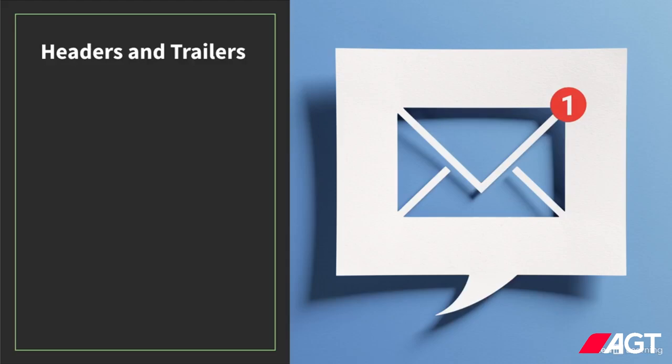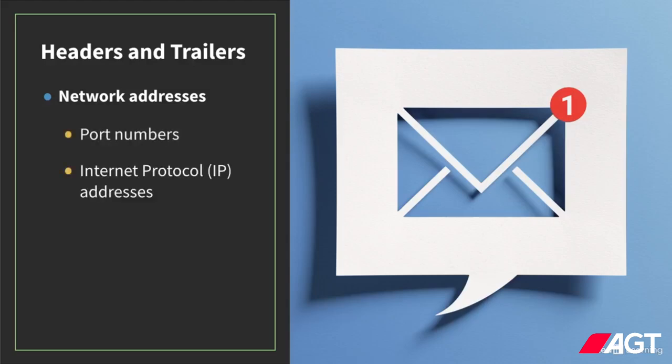As a mailing envelope requires physical mailing address information, the headers and trailers carry network addresses such as port numbers, Internet Protocol, or IP, addresses, and Media Access Control, or MAC, addresses. Another name for MAC address is Ethernet address.